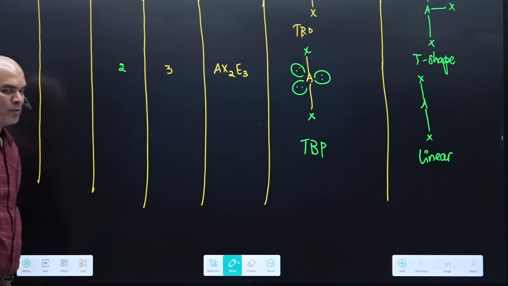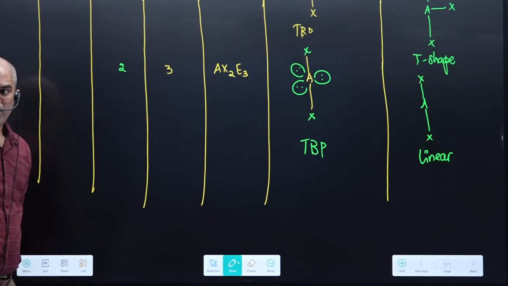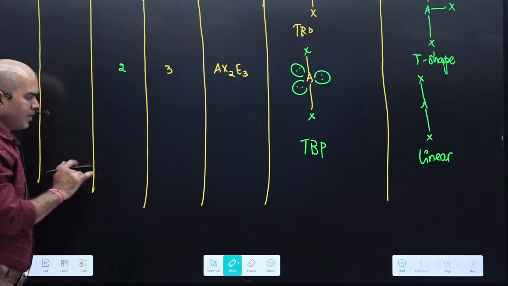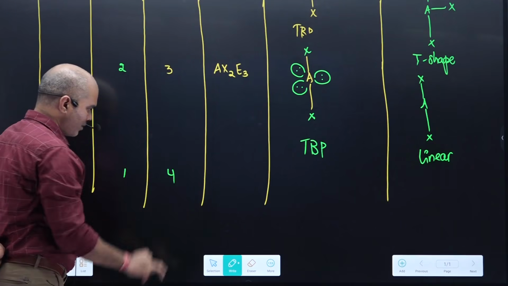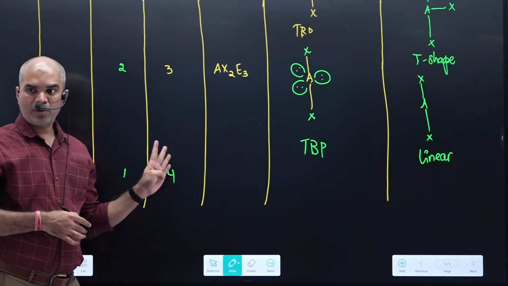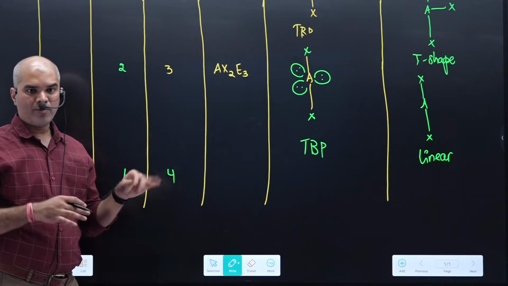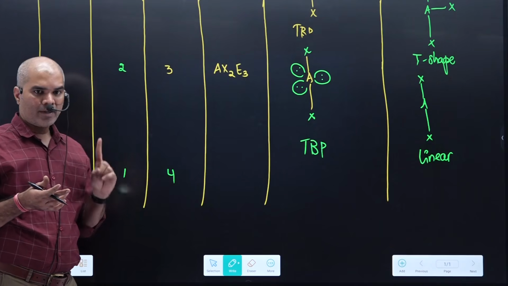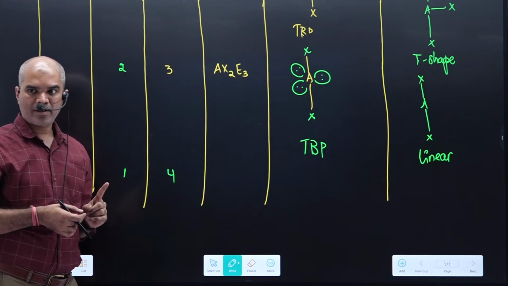Next, can we go for 1,4? 1 bond pair, 4 lone pairs? No, we will stop it here itself. The reason is, if I take 1,4, then how many lone pairs are there? 4 lone pairs are there. Can you name an atom that has 4 lone pairs and 1 electron for bond pair?